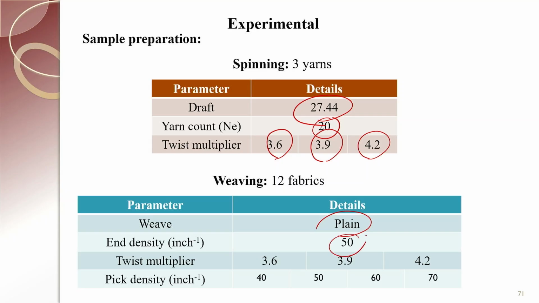We kept the yarn density at 50 ends per inch, and for each twist multiplier we varied the pick density: 40, 50, 60 and 70. With this combination we produced 12 fabrics.